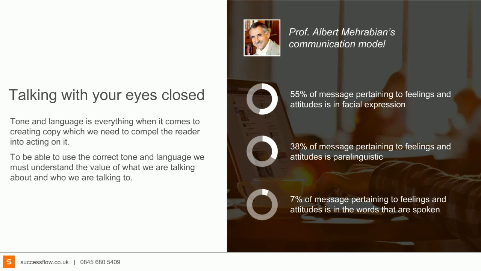He found that 55% of the message pertains to feelings and attitudes, all related to facial expression. 38% is about the paralinguistics, so how we say what we're saying, and only 7% is in the actual words that we use. That's fine when you're talking to somebody face to face, but in the written world, we lose half of that ability to get the message across.